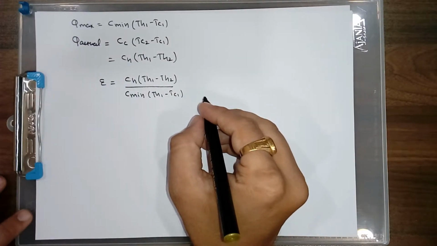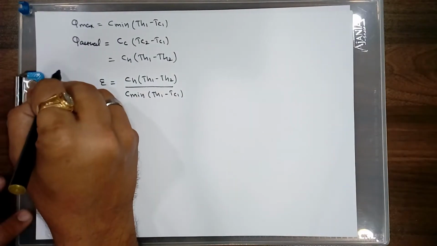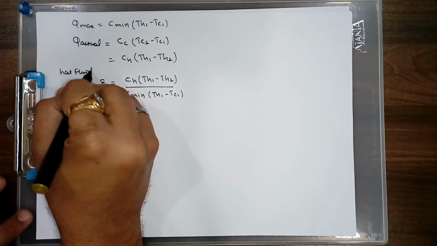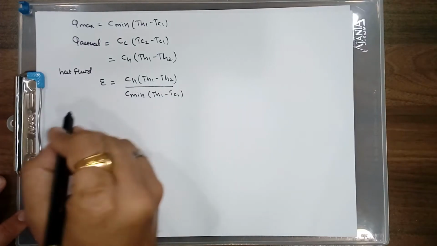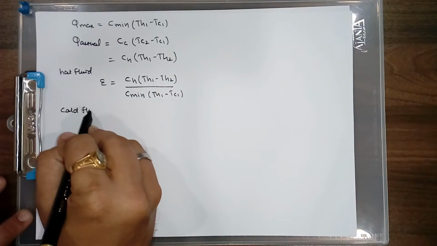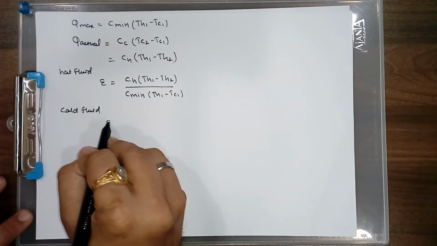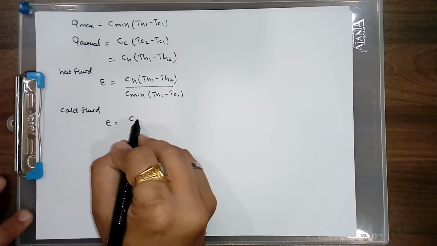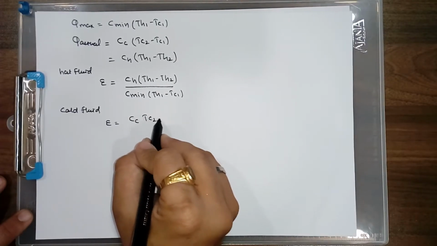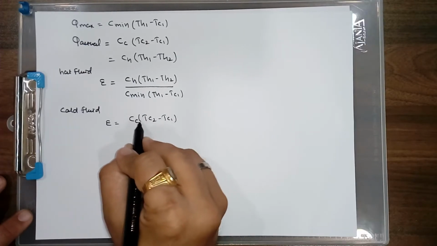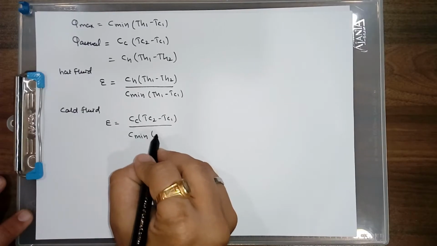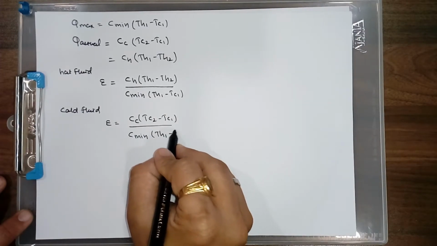This is for the hot fluid. Similarly, we can also write for the cold fluid: C_c into (T_c2 minus T_c1) divided by again the same C_min into (T_h1 minus T_c1).